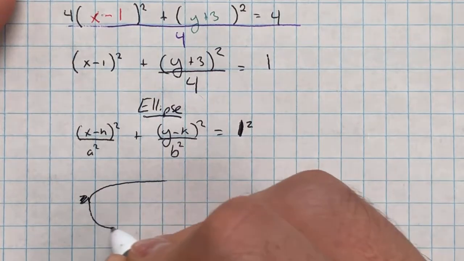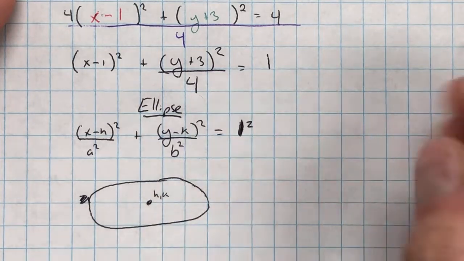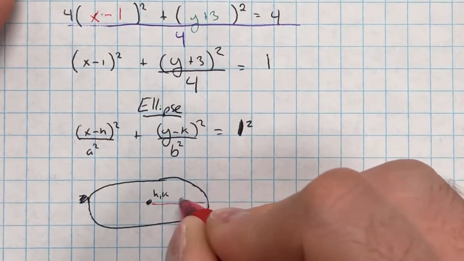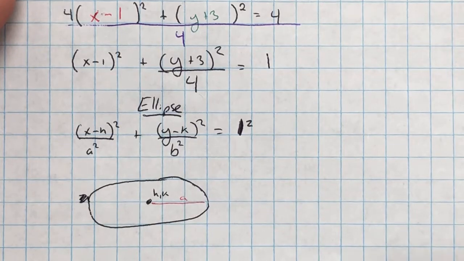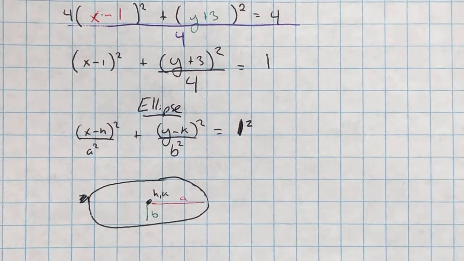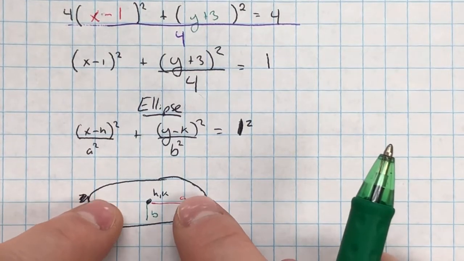So if we have some sort of general ellipse, I know the vertex right here is at h, k. I know that the distance right here is going to be a. I know the distance right here is going to be b. And I know that the focuses, or the foci, are going to be here in the middle.